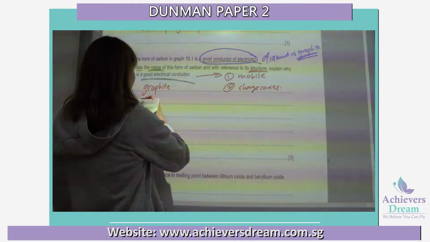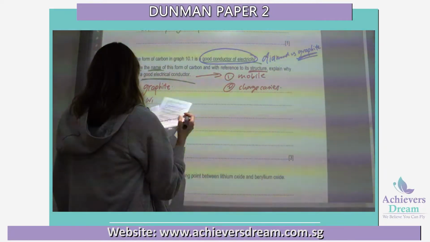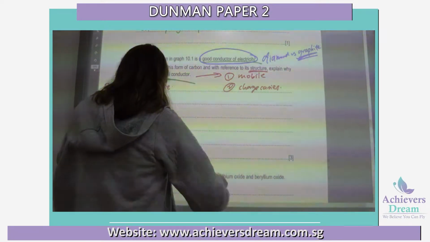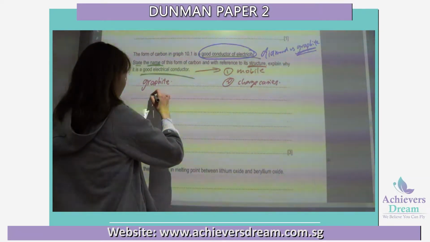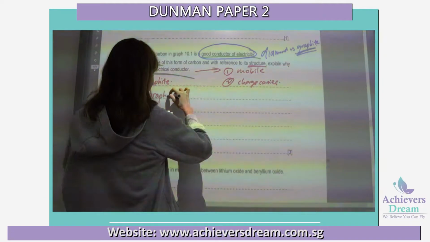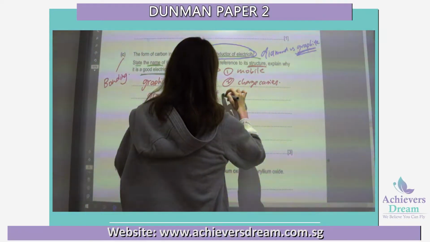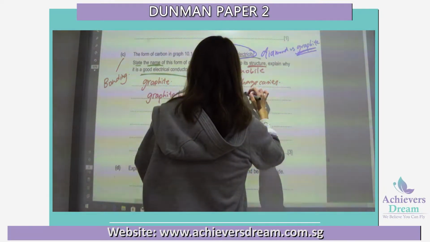You can say that graphite has a giant covalent structure. I'm just going to write in point form, okay?